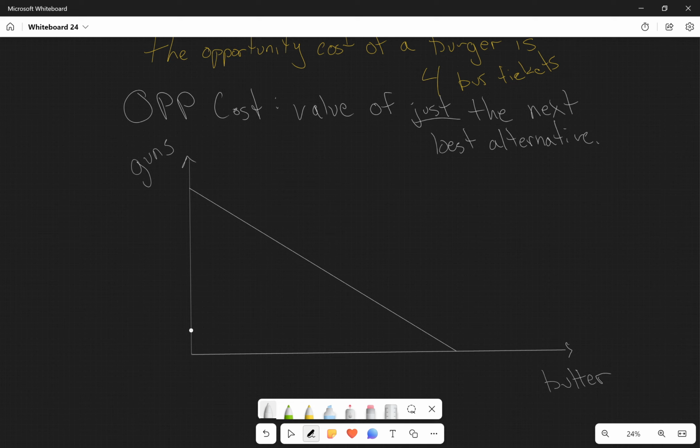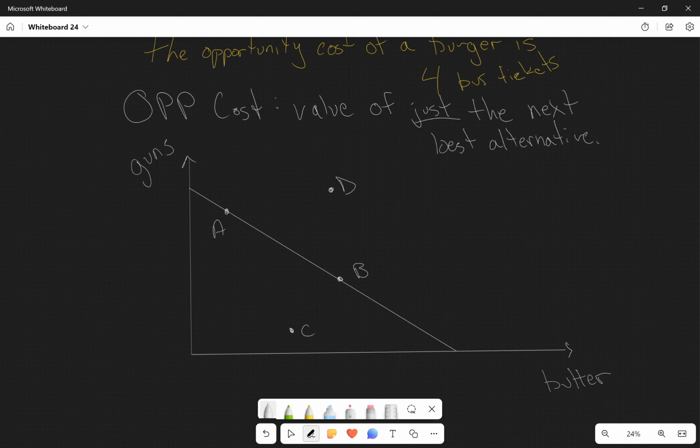And so we've got the boundary here. We've got some points on it. So we have some definitions to talk about here. The boundary of the production possibility frontier is related to the amount of capital, the amount of labor, and the technology that you have.